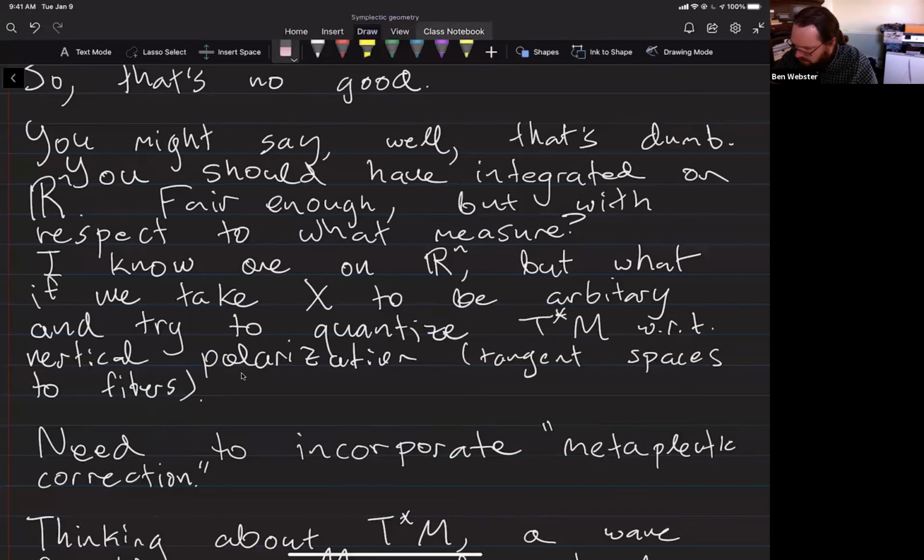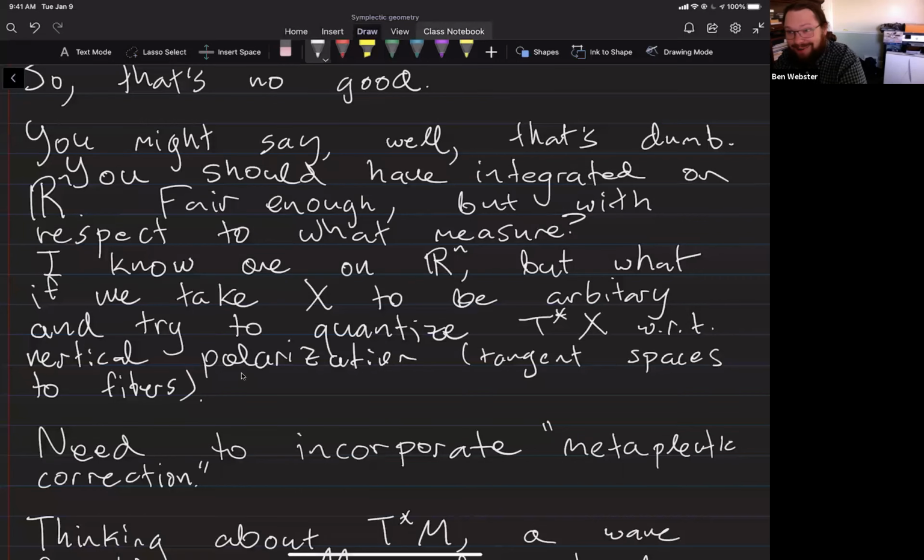If I take an arbitrary X and look at T* of X, I have a volume form on T* of X, the Liouville volume form of the symplectic form. But I don't have a volume form on X itself. X is just a completely arbitrary manifold. I know literally nothing about it. So that's bad.